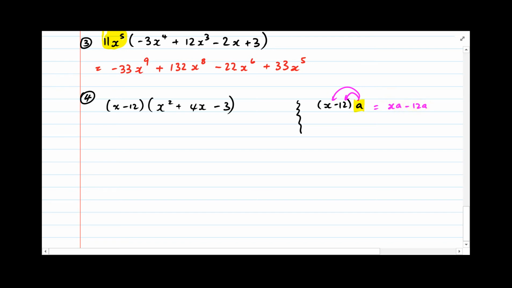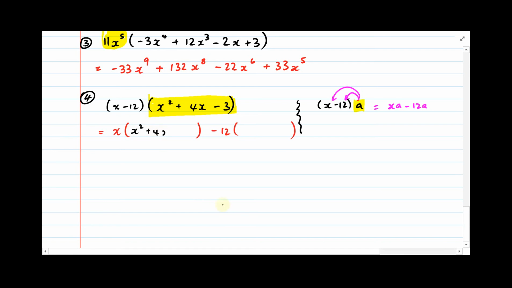It's the same thing that I'm going to do, but this time imagining that this x squared plus 4x minus 3 term is my a. It's not opened up yet. And so what I get using the distributive property is that x will multiply the whole of that term, and minus 12 will multiply that highlighted term. What exactly was my highlighted term?